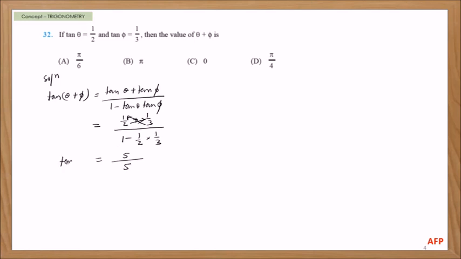So tan of theta plus psi is equal to 5 by 5, which is nothing but 1. Therefore, using this concept, theta plus psi must be 45 degrees. So D is the option.